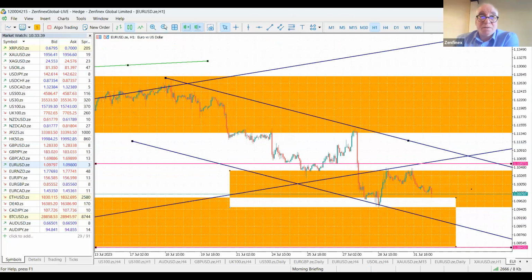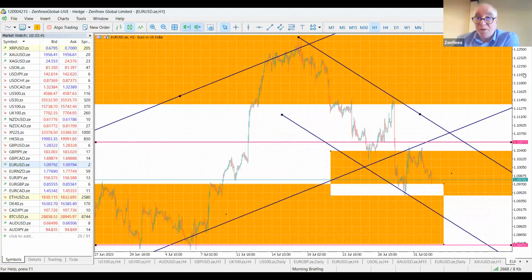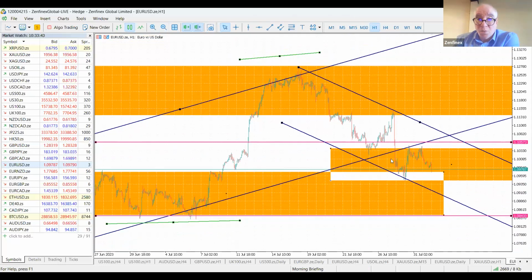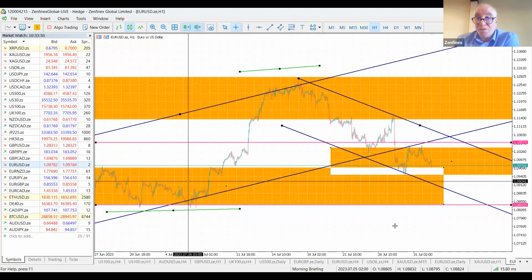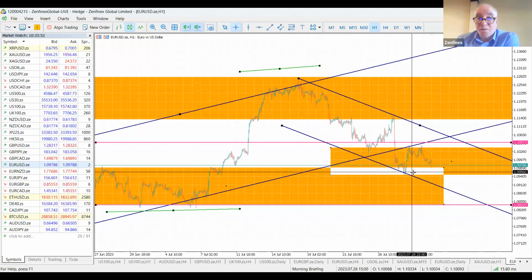And let's now, and I apologize if I've drawn too many, but I can see exactly what needs to be done here. So this level here is a major level of resistance, right?